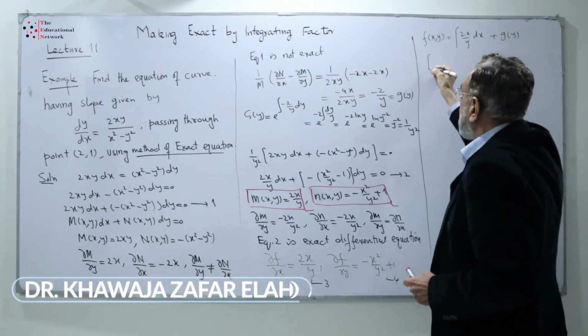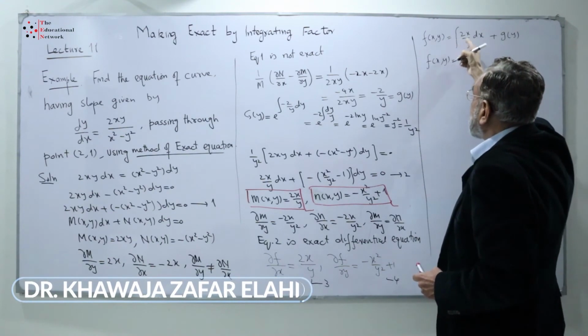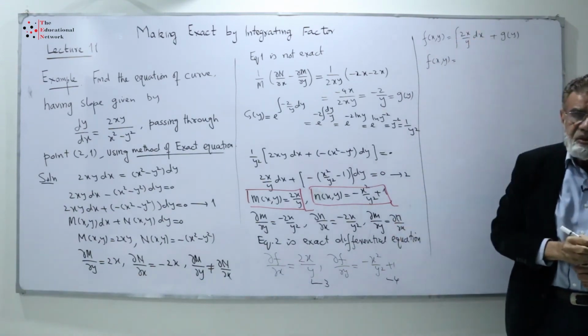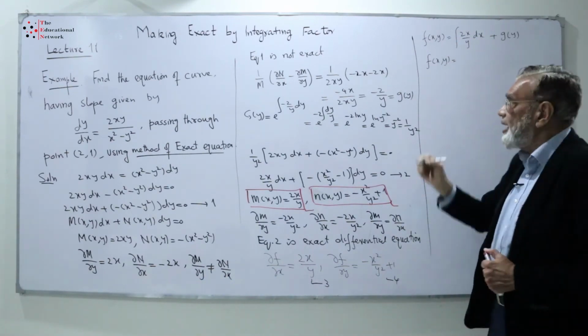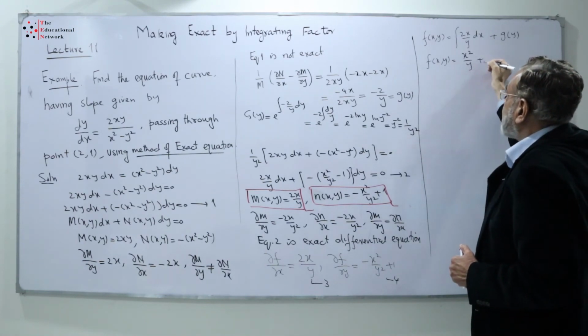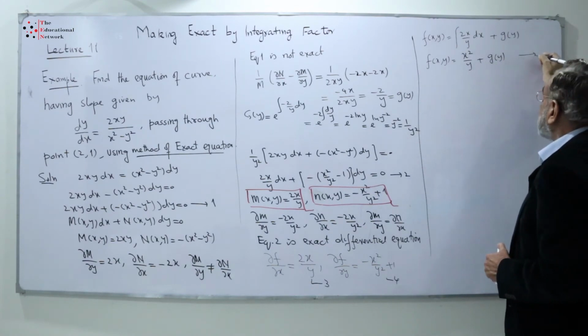So f(x,y) is equal to x square by 2, y is constant, we take 2 by y common, the integral of x is x square by 2, 2 is cancelled with 2, and I left it here x square by y plus g(y). So this I put here as equation number 5.